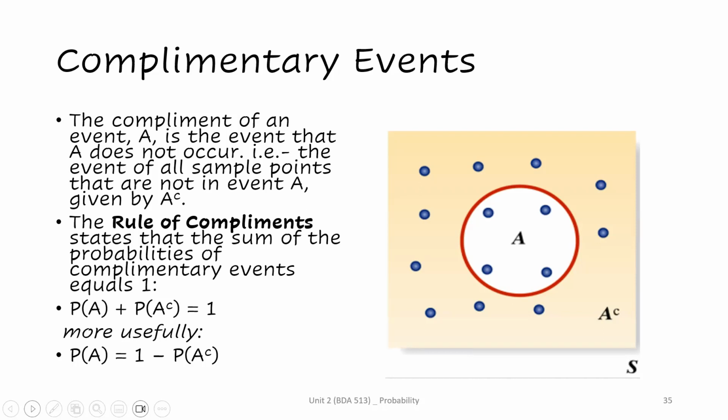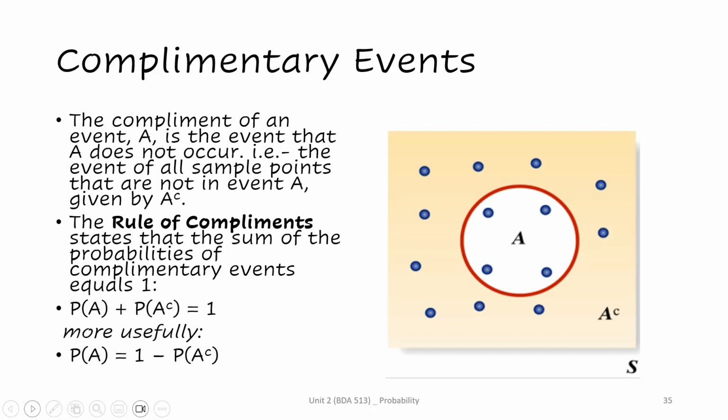Remember that we said all the probabilities should be equal to 1. So if we know the probability of A and the probability of A complement, both of them should sum up to 1. Is that not the case? Yes. Agreed. So more usefully, the probability of A can also be determined by 1 minus the probability of A complement.